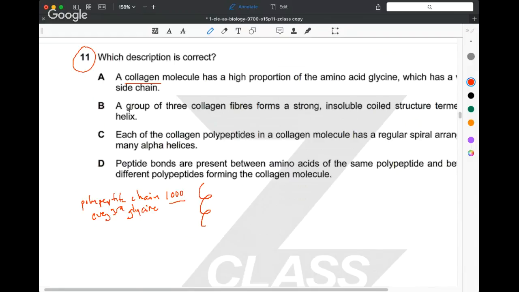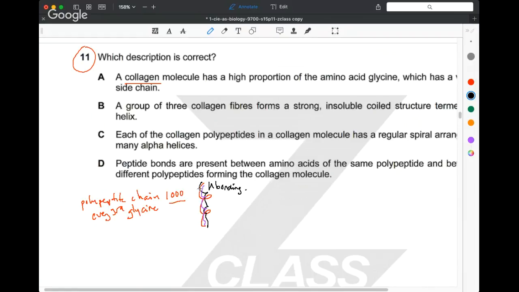And what happens is, if I can just get some other colors here, you get 3 of these polypeptide chains all close together. And they're held together, those 3 polypeptide chains, by hydrogen bonding. Like that.